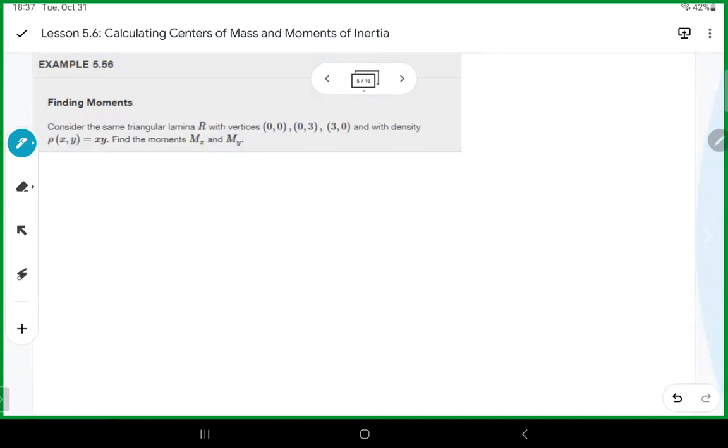All right, so considering the same triangular lamina R with the following vertices. I guess that would have helped me if I read it last time.